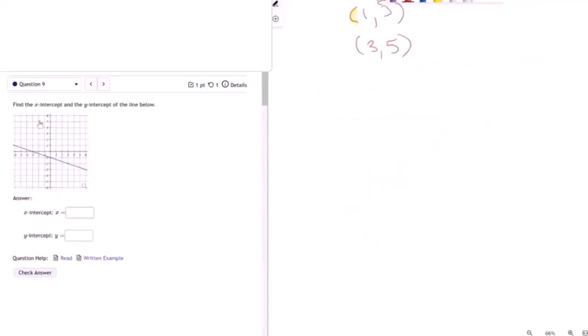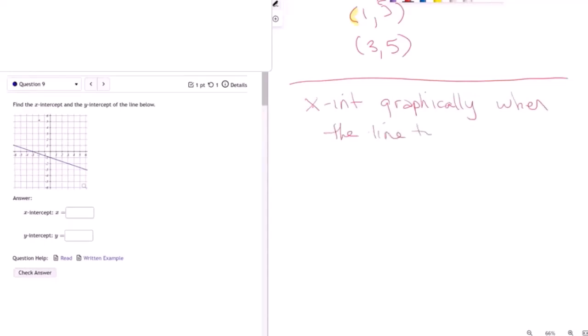Find the x and y intercept. The x-intercept happens graphically when the line touches the x-axis. For this problem, where do we touch the x-axis? -3.